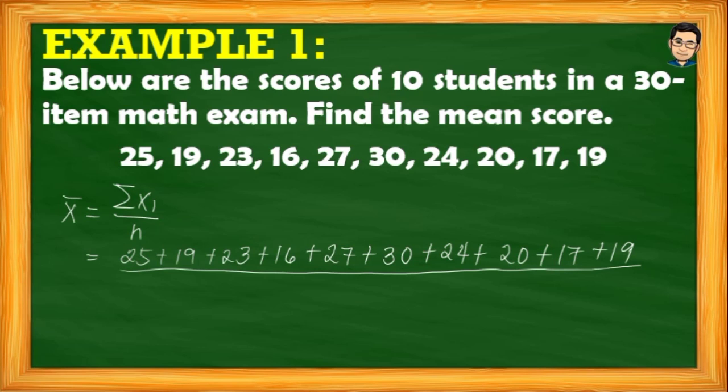So, n dyan is yung total number of students, which is 10. Okay. So, add lang po natin yung mga scores. From 25 up to 19, ang makukuha po nating sum is 220. And then, yung 220 na sum ng 10 scores, i-divide lang po natin sa 10. Kapag dinivide natin 220 sa 10, ang makukuha po nating sagot ay 22.